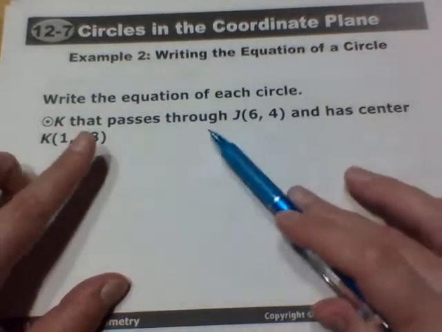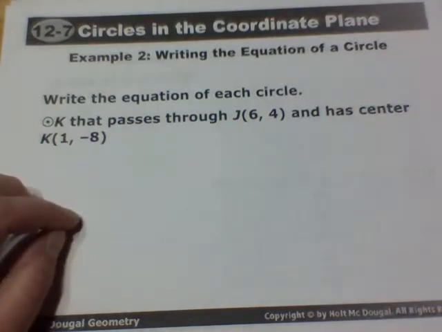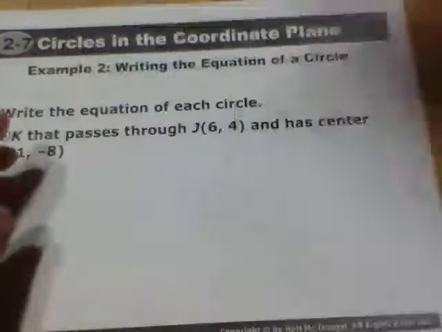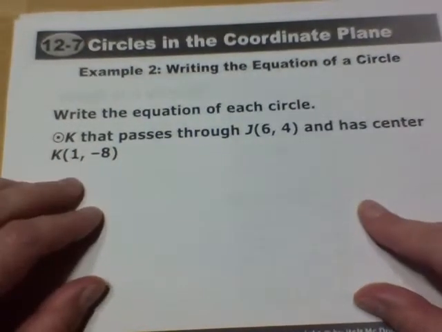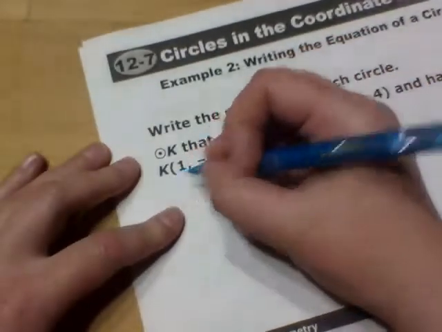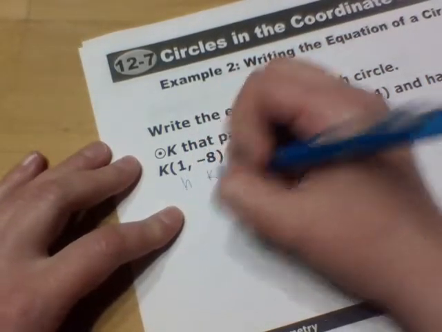The next piece wants you to write the equation of this circle, only now instead of telling you the center and just the radius, they told you a center and a point on the circle. So we do know that the center is K, which is an h and a k value here.